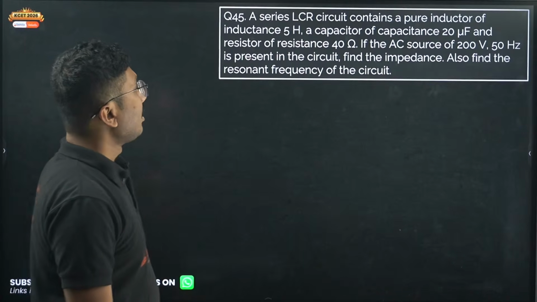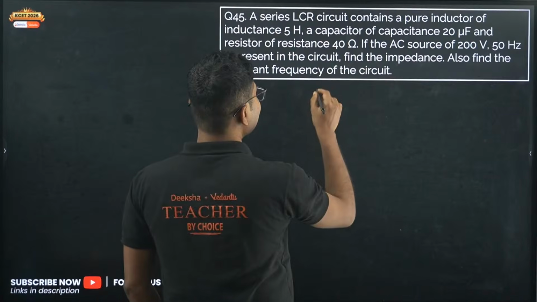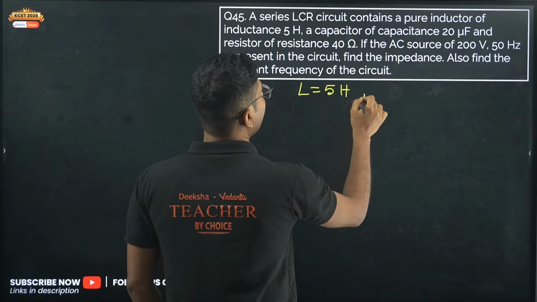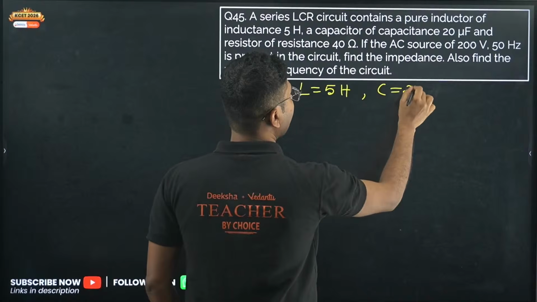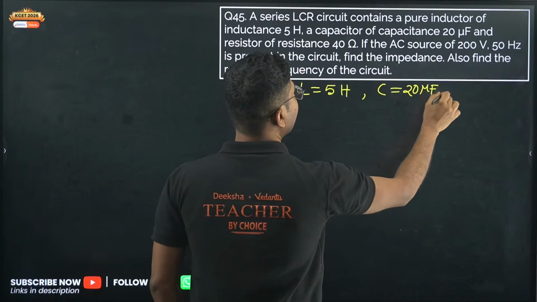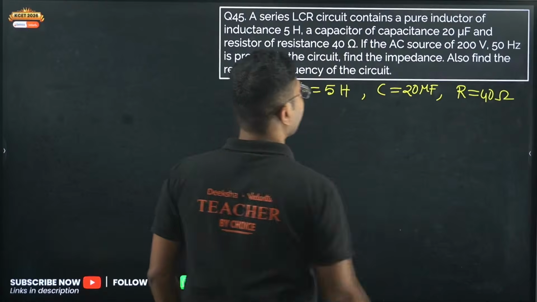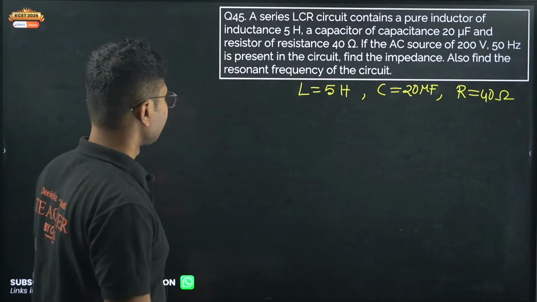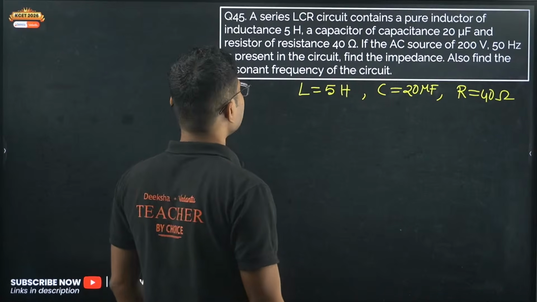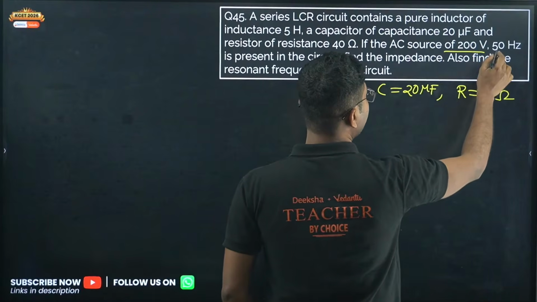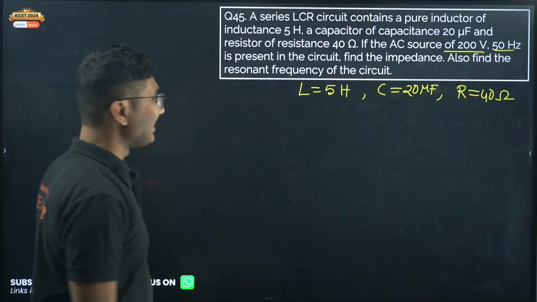So inductance is given 5 Henry, capacitance is given 20 microfarad, resistance is given 40 ohm. Initially the AC source is 200 volt and 50 Hz.